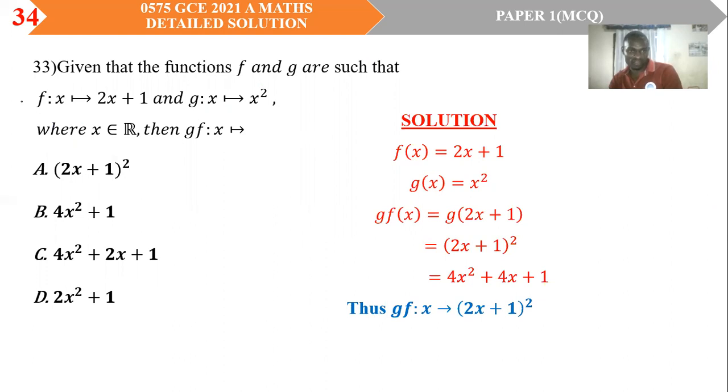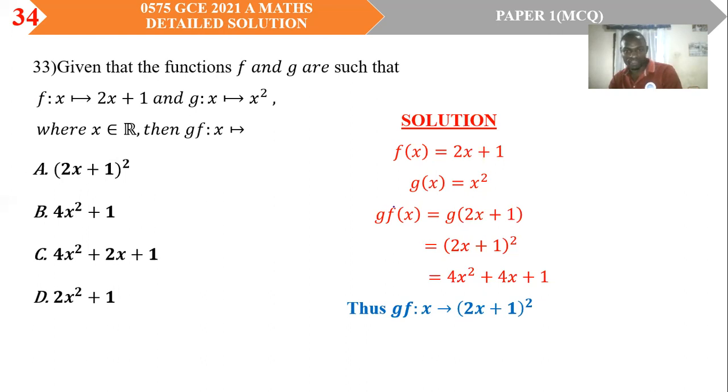Now, when it is expressed as a mapping, we can always take the mapping and express it as a function of x. In the function f, we have already seen f of x will be 2x plus 1. g of x will be x squared.